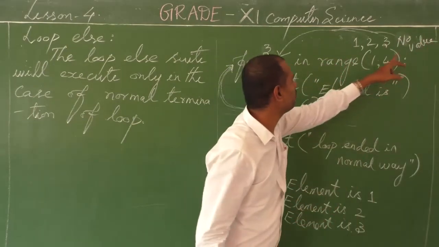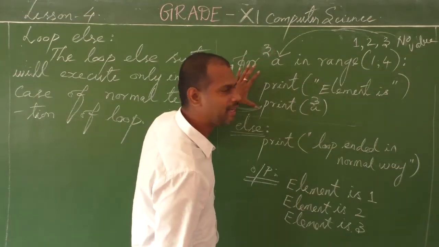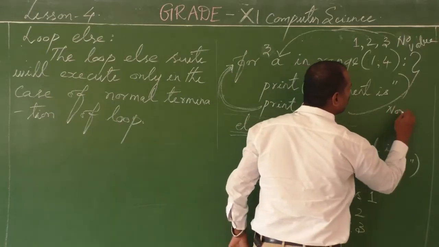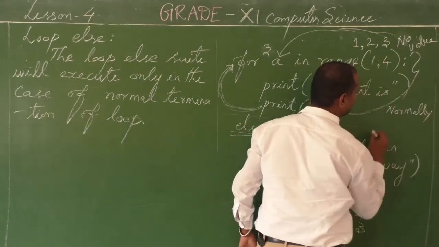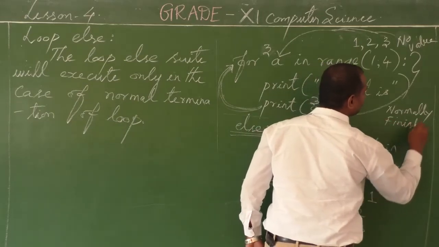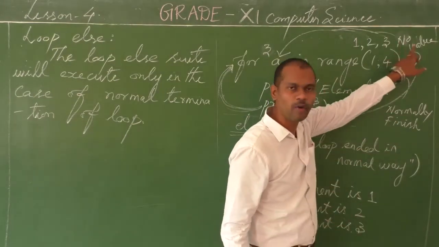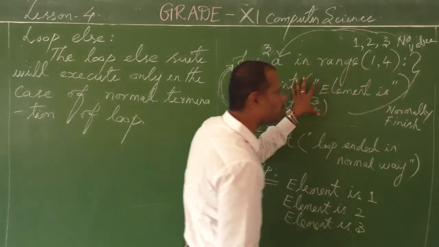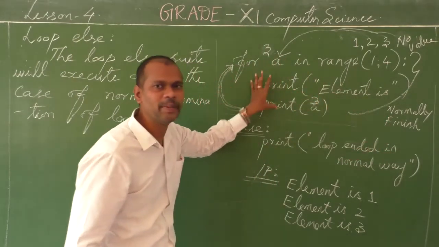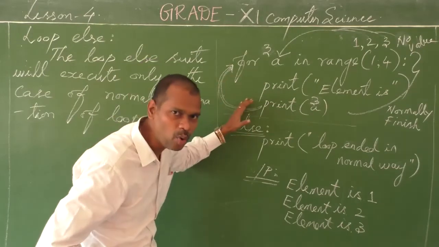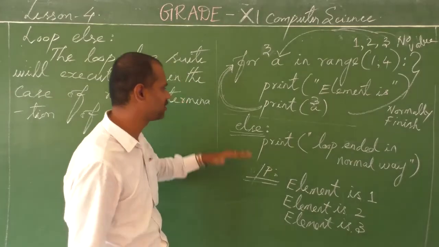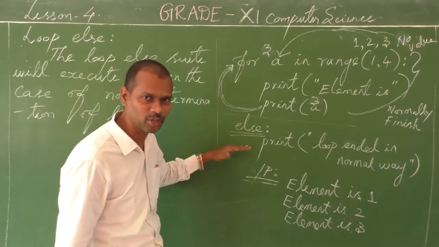Since there is no value, this entire for loop will be normally finished. When this for loop is normally finished, something will be executed. Which will be executed? Yes, this else case will be executed.